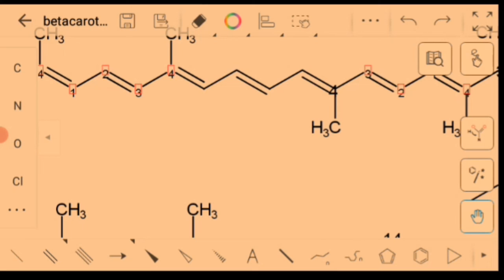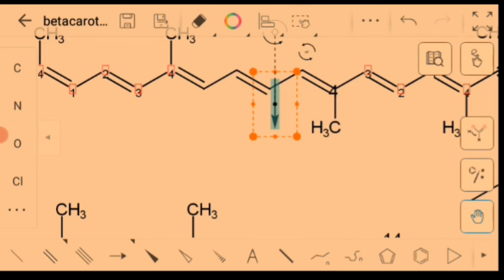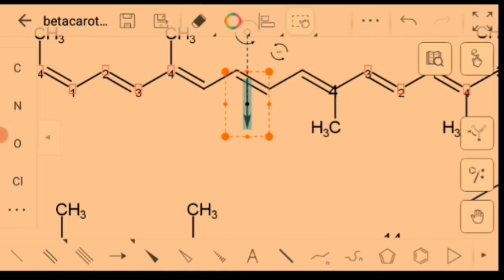So 2, which makes it 10. I had earlier told you that our number 10 is where the site of cleavage occurs. So that is all I just have to do, since I now know where my number 10 is. And this methyl group makes it easier. I just counted.